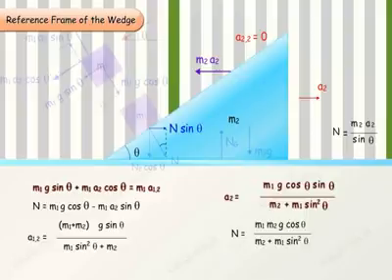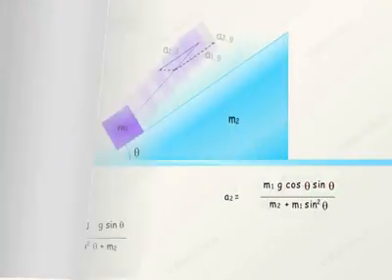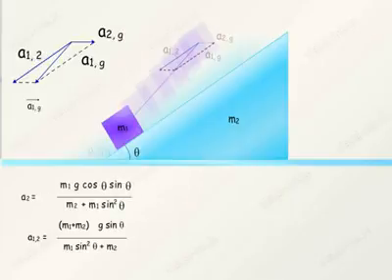And now for finding the acceleration of M1 with respect to ground, we can say that acceleration of 1 with respect to ground is equal to acceleration of 1 with respect to 2 plus the acceleration of 2 with respect to ground. That is, the acceleration of M1 with respect to ground can be found by the vector sum of the vectors A12 and A2.